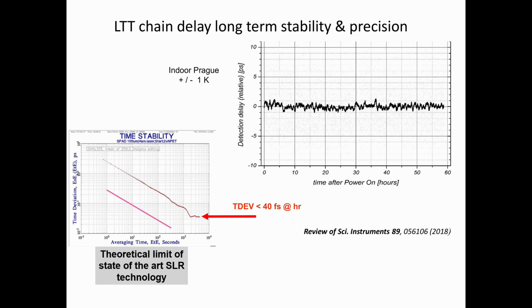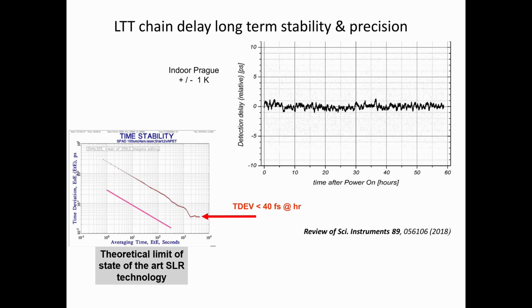Here I put where the SLR technology is lying. It is for a room or laboratory experiment where we range just to a constant distance target. Here we see during a several-hour experiment, the data are very nicely stable.